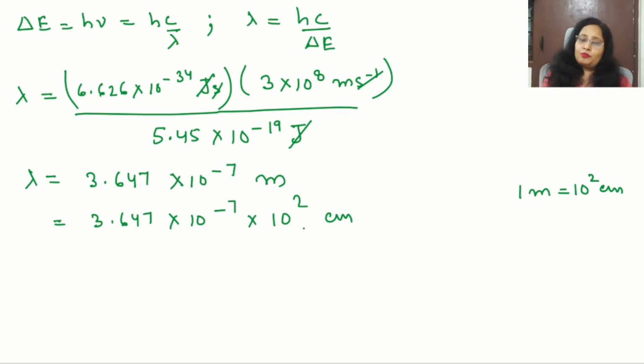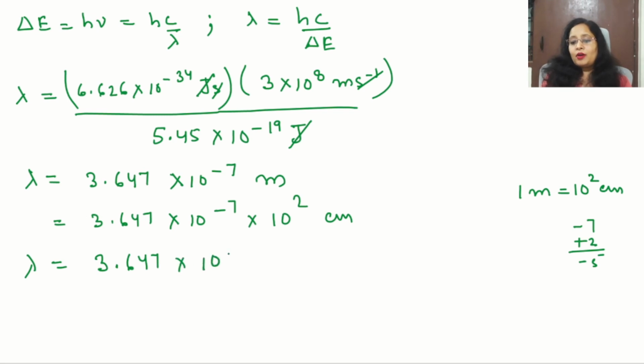In place of meter, we will write 10 to the power 2 centimeter. Now, minus 7 plus 2 gives minus 5. So the wavelength lambda is equal to 3.647 into 10 to the power minus 5 centimeter, and this is the wavelength of the transition.